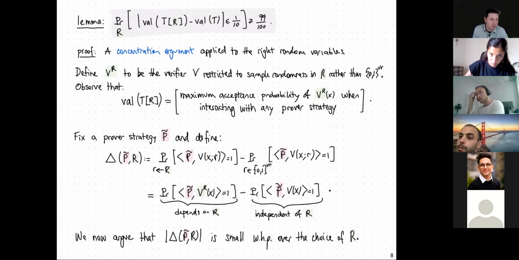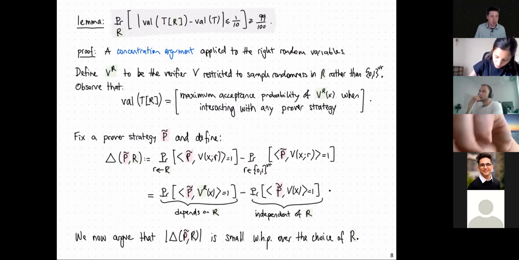But what if the verifier is programmed so that if it determines that it's getting restricted randomness, it behaves differently? It cannot determine that this randomness is one of the valid choices from here. It's just that the distribution is different, and the verifier was going to do something on any given choice of random string; we're just changing the distribution slightly.